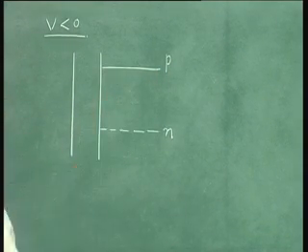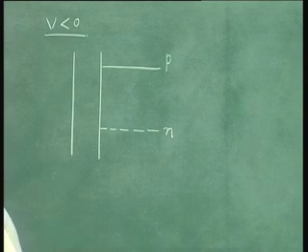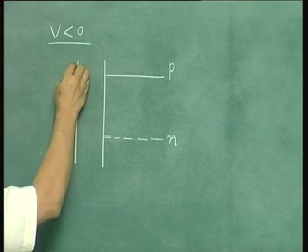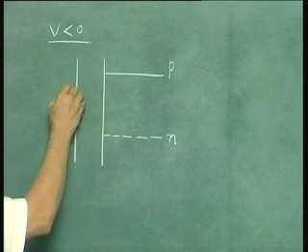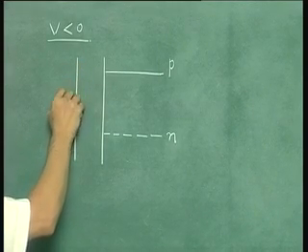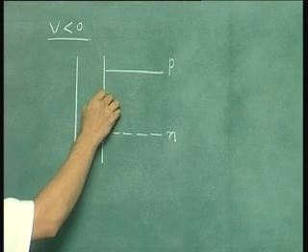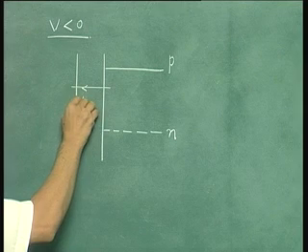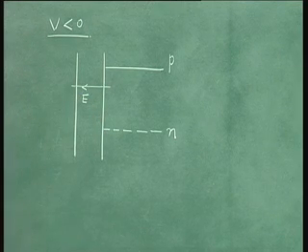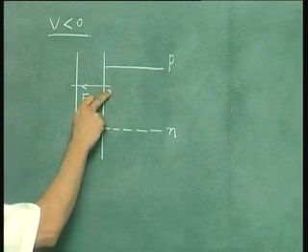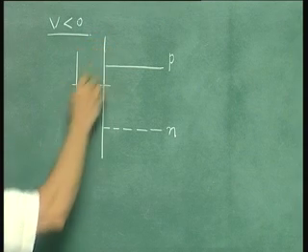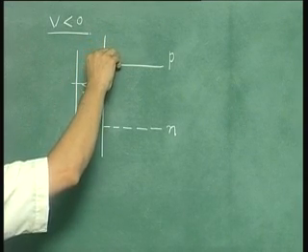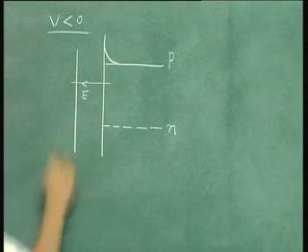Now as compared to this, when you apply V less than 0, what will happen? There is going to be a negative charge on the gate, and correspondingly there is going to be a positive charge here. That is, you are going to have an electric field directed like this. Now how do you create a positive charge here? This is created by raising the hole concentration near the interface.